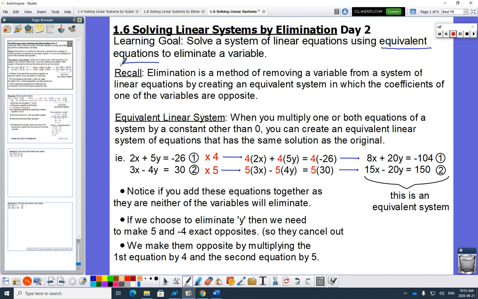5y and -4y are also not perfect opposites. However, they already have a positive and a negative sign, so that might draw your attention to these two. You can do the 2 and 3 as well, but one of them you're going to have to multiply by a negative number, which changes the signs, and that can lead to annoying mathematical mistakes, right?